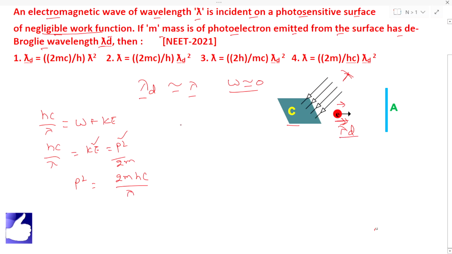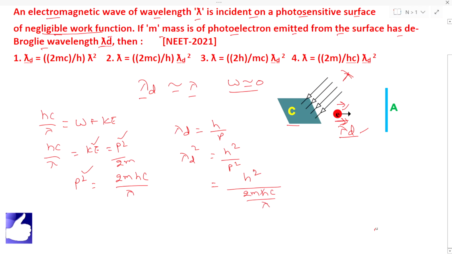The relation between de Broglie wavelength and the momentum of the particle is lambda d = h/p. If I square both sides, lambda d squared = h^2/p^2. Now p^2 can be written as 2m hc/lambda, so this equals h^2 divided by 2m hc/lambda.